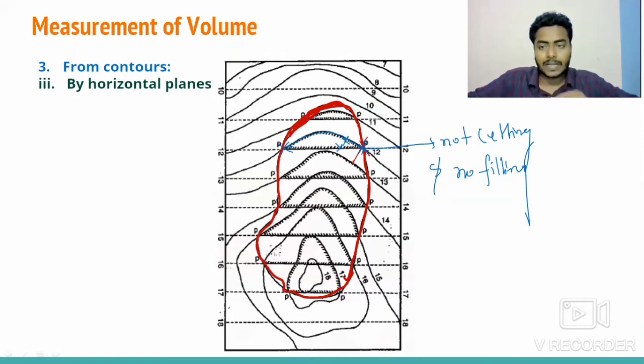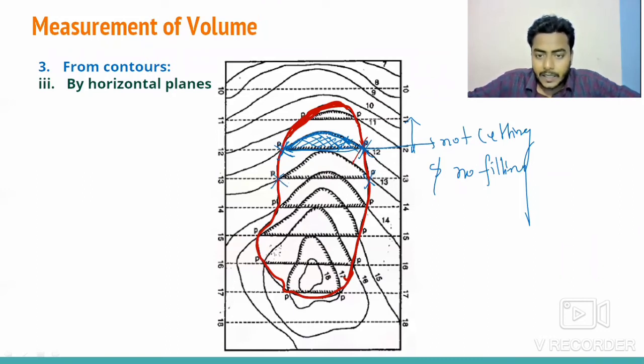So we require between 11 and 12. Whatever the amount we are getting beyond this line, beyond this point, that will give us the cutting. So this amount will be cutting. We need to do cutting here. Negative one.